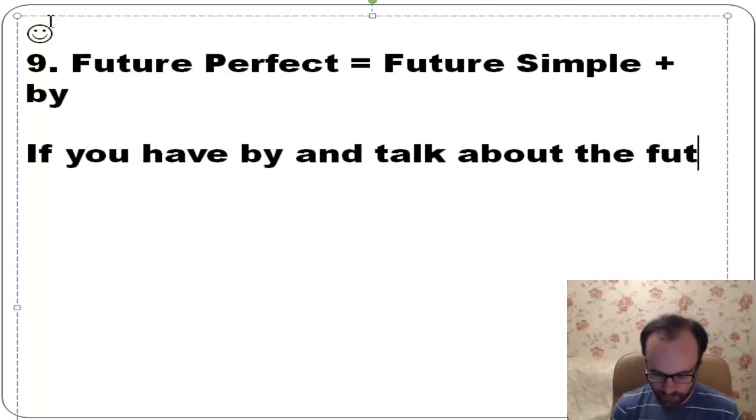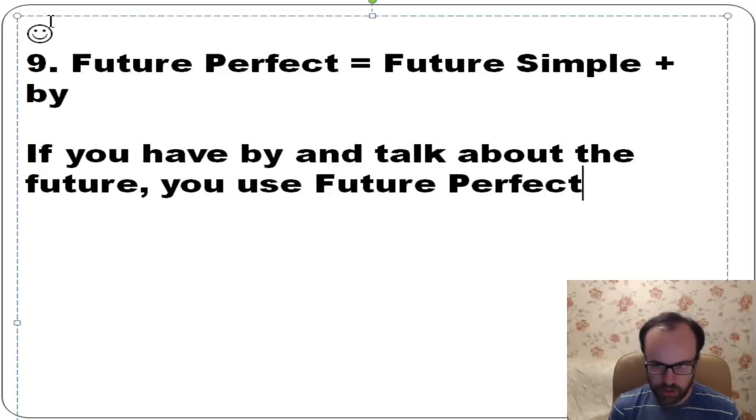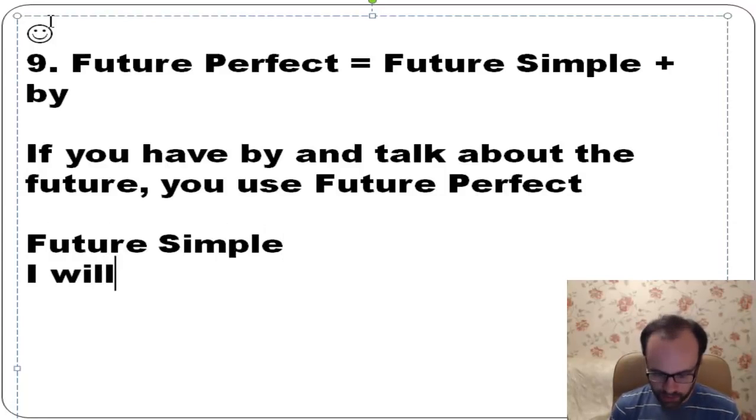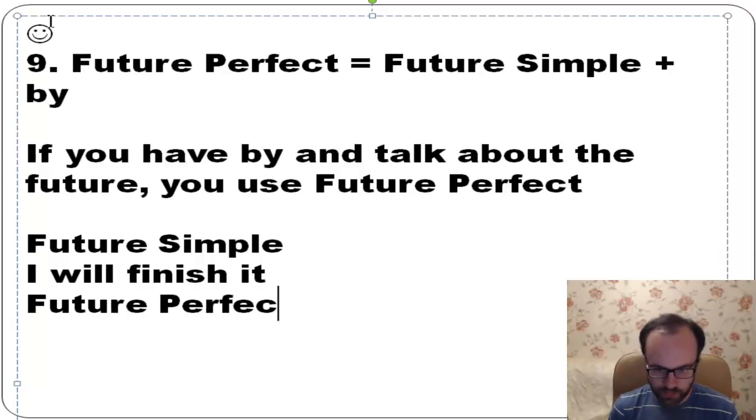Look, future simple. I will finish it. And future perfect. So compare.